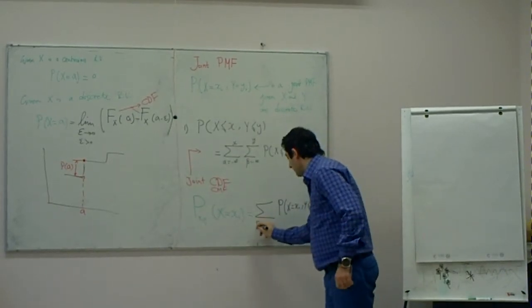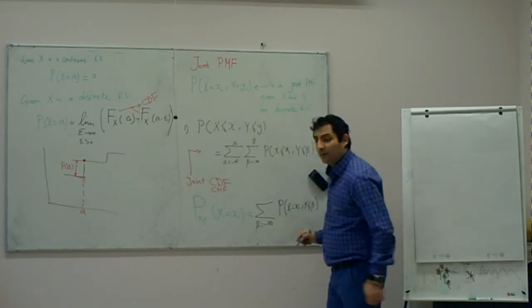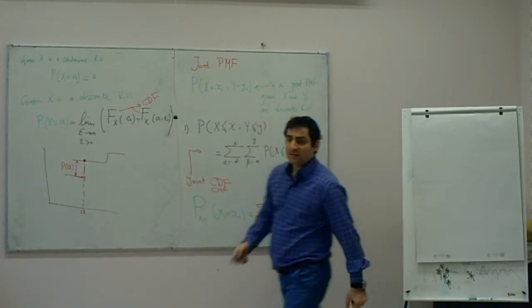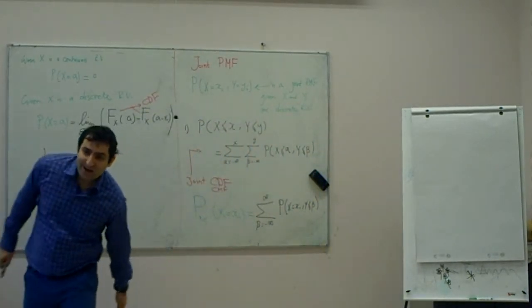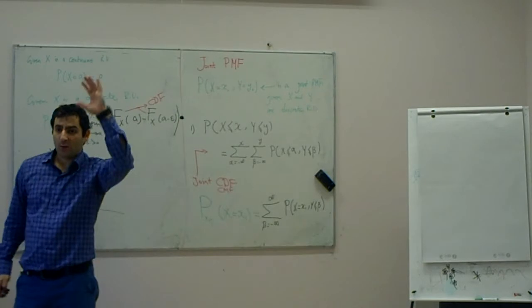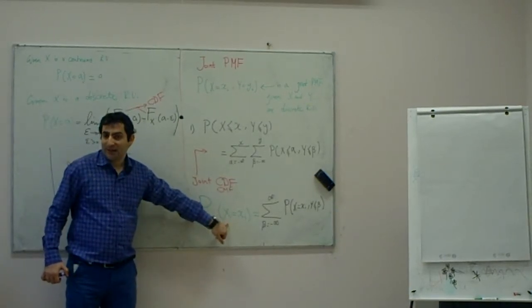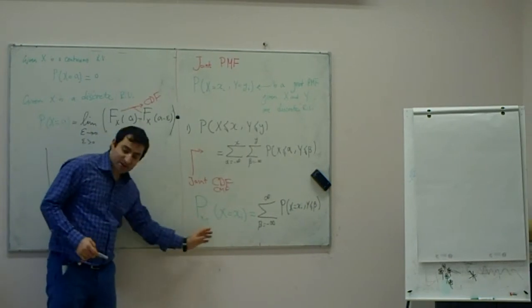Beta starts from minus infinity till plus infinity. In other words, if I add all the values of y, what is left is the probability for the x. Do you remember? I just erased here.